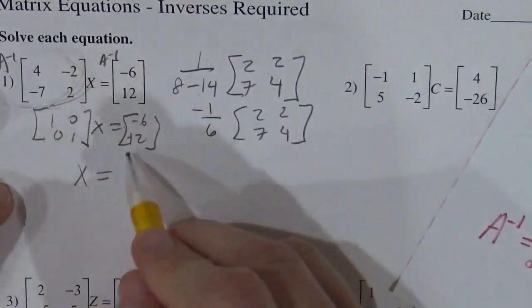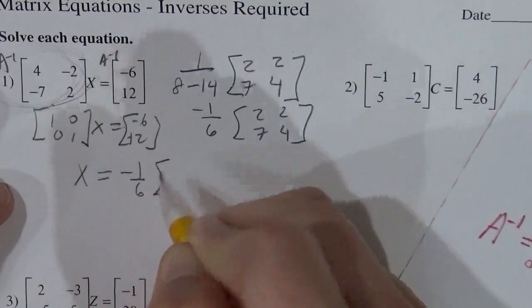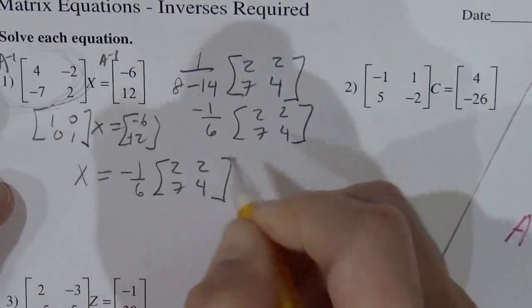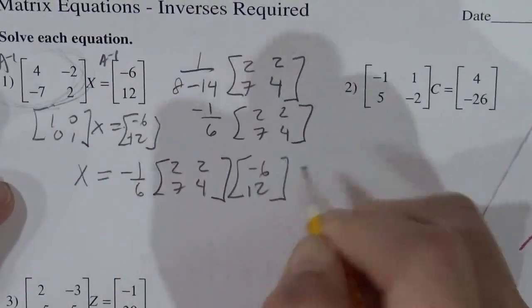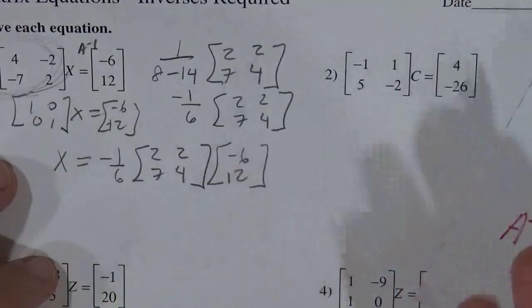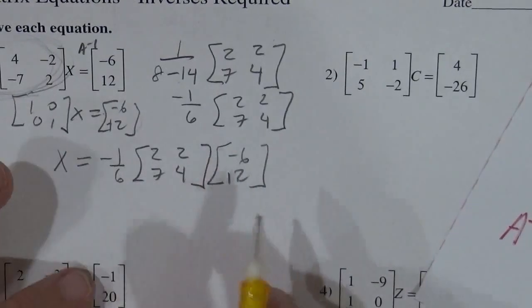And so x is going to equal this inverse, times this guy here. And so now we can just work this out, and this will be our answer.